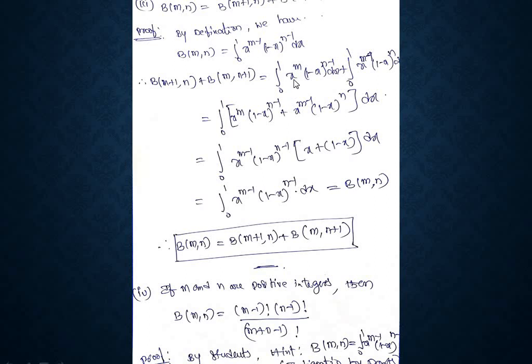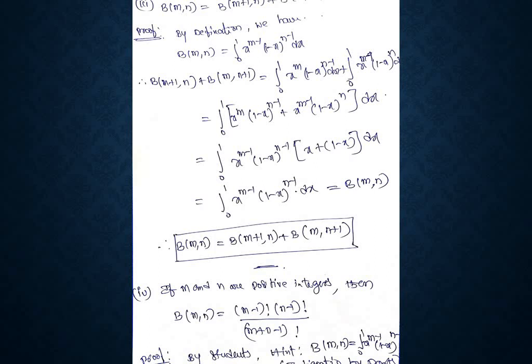So integral 0 to 1 x power m minus 1, and in the place of m we have m plus 1, so m plus 1 minus 1 will become m only, and 1 minus x power n minus 1 dx. Similarly for the second function, integral 0 to 1 x power m minus 1 and 1 minus x power n minus 1 originally, and in the place of n we have n plus 1, so n plus 1 minus 1 will become 1 minus x power n dx. This is dx, the differentiation.